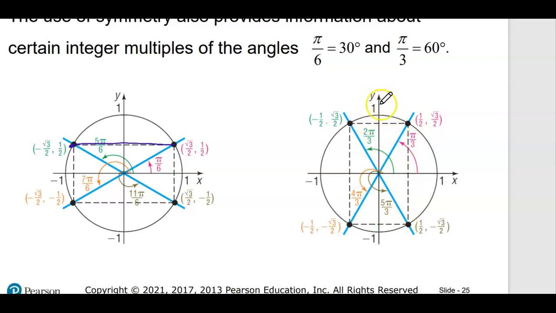And so if we reflect this point across the y-axis, that puts us in the second quadrant. And once again, in the second quadrant, x is negative, y is positive. In the third quadrant, both are negative. And in the fourth quadrant, only y is negative. So using these values, we can go back to our unit circle and finish filling in those values.